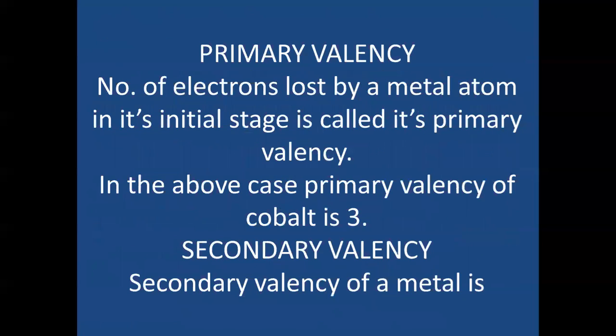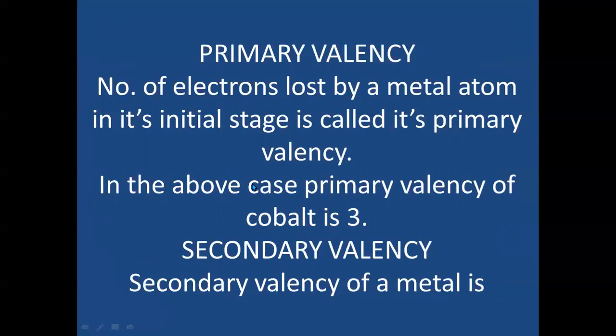Then one more terminology: primary valency. What is primary valency? It is nothing but the number of electrons which are lost by a metal atom to form the central metal ion in the first stage.